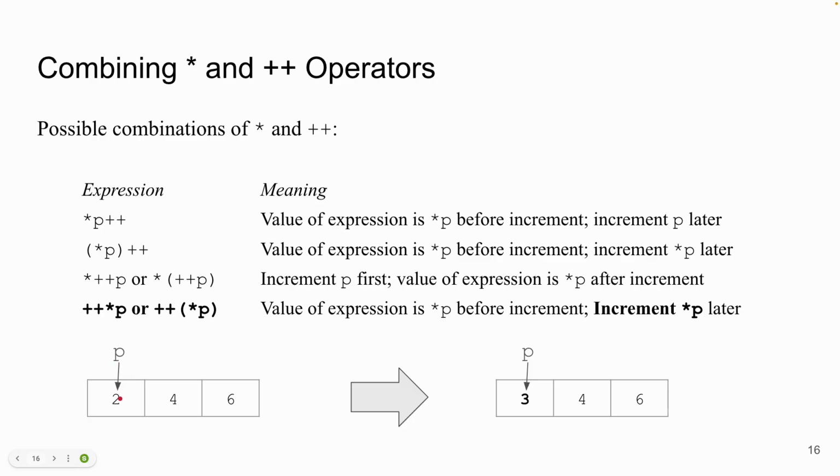If we increment 2, it becomes 3. So the return value we get is 3, and the element of the array p is pointing to will also be changed from 2 to 3.